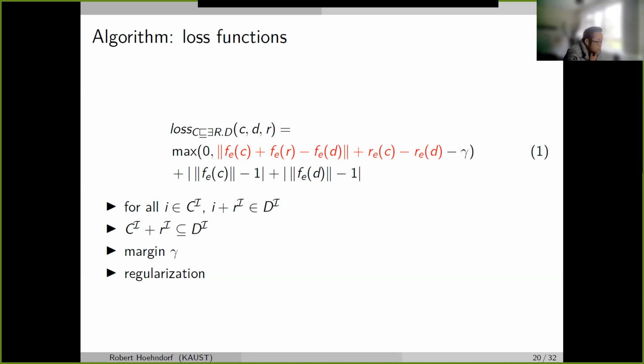It's trying to put the C ball into the D ball if you transform the C ball with R. This is differentiable. We just have this regularization here at the very end, which is very standard, and the margin. The functions FE and RE are essentially just the embeddings, so it's just a lookup on the embeddings.